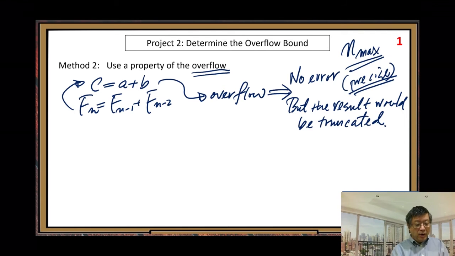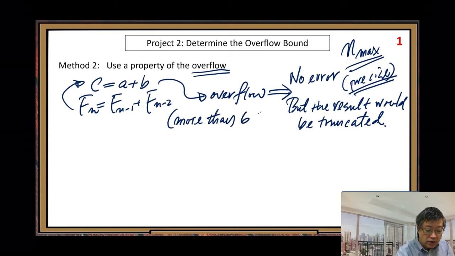Suppose we use the unsigned long integer, a 64-bit number. For A plus B, the result may need more than 64 bits. What would happen? Truncation.